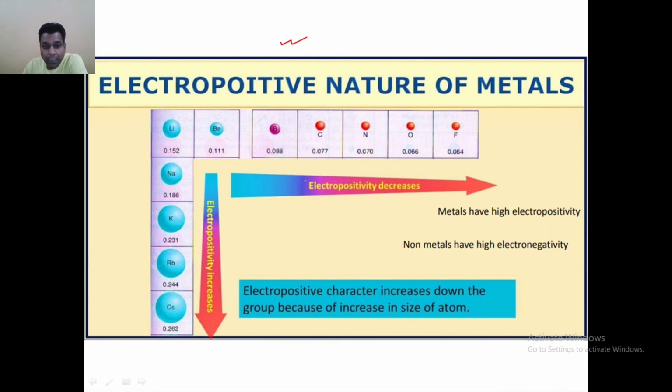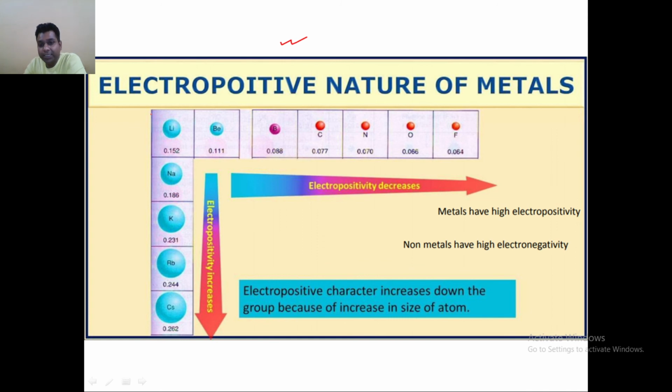Okay, so when I compare this in the periodic table, you can see that electropositivity decreases as you go from left to right. Now again you may have a question: why? The answer is very simple. When you go from left to right, the size is decreasing, so the ability of the nucleus to hold the electron will be very high.